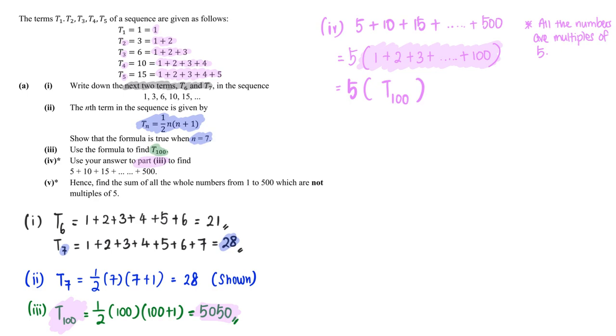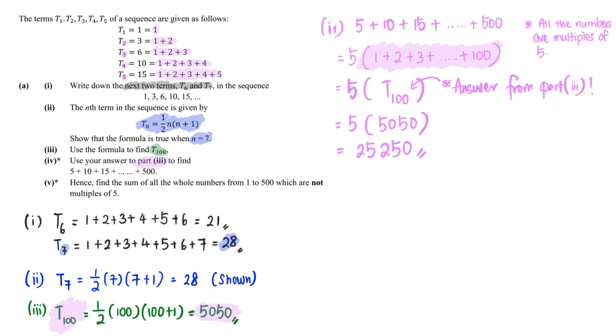No wonder they asked us to use the answer in part 3. We have already gotten the answer from part 3, which is 5 times 5,050. And therefore, final answer, it will be 25,250.